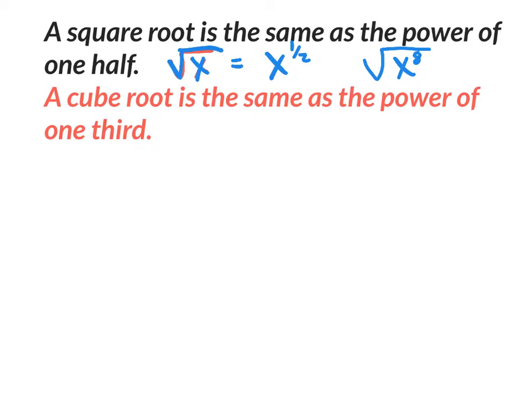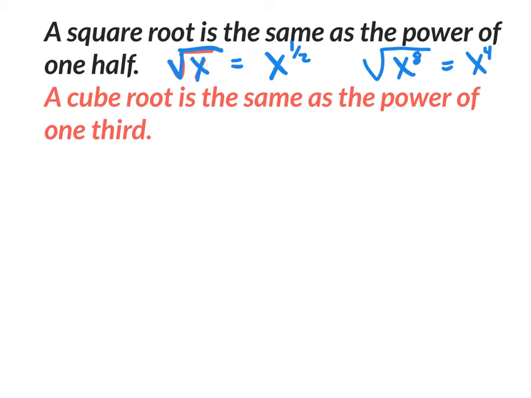What is the square root of x to the 8th? Not cube root, square root. That's x to the 4th, because the square root is really the power of 1/2, and the power to a power you multiply, so 8 times half is 4. So that comes in handy with square roots, knowing that the square root is the power of 1/2.